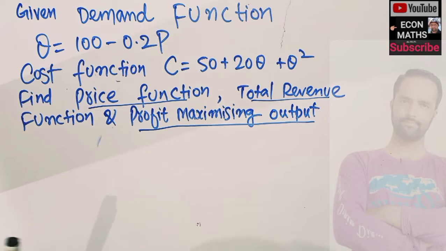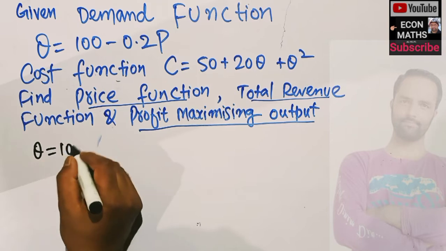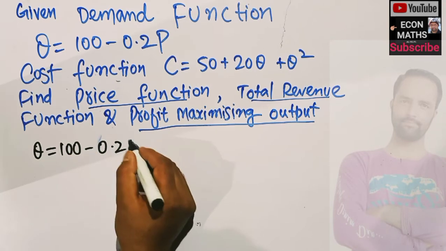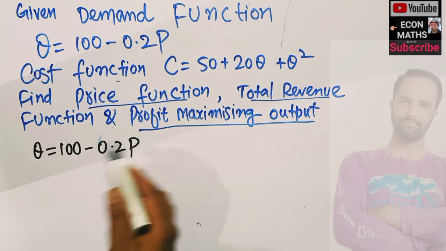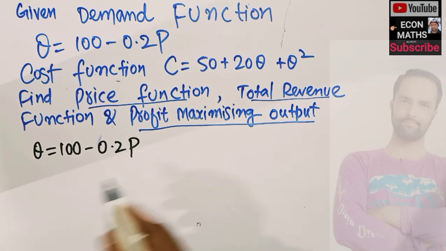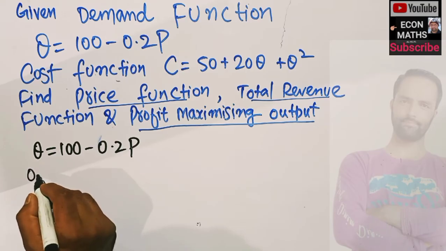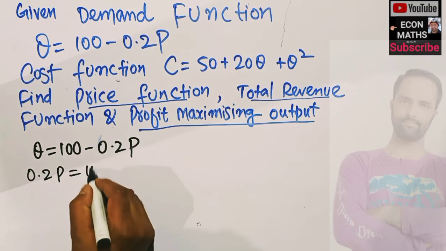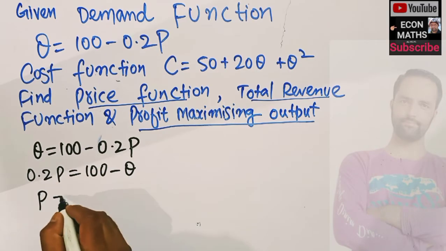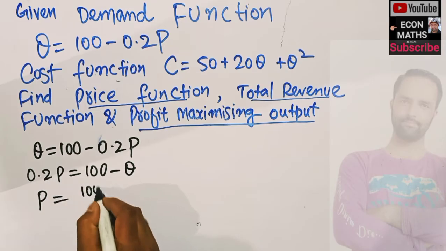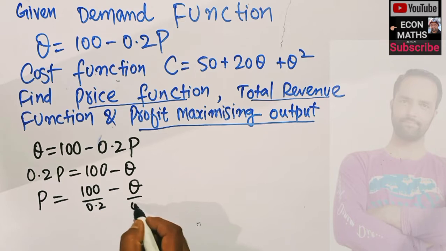So first things first. What is our demand function? That is Q equal to 100 minus 0.2P. To find the price function, or what we call the inverse demand function, we need to solve this demand function for P. So if I transpose it, it becomes plus 0.2P is equal to 100 minus Q. That gives us P equal to (100 minus Q) divided by 0.2.